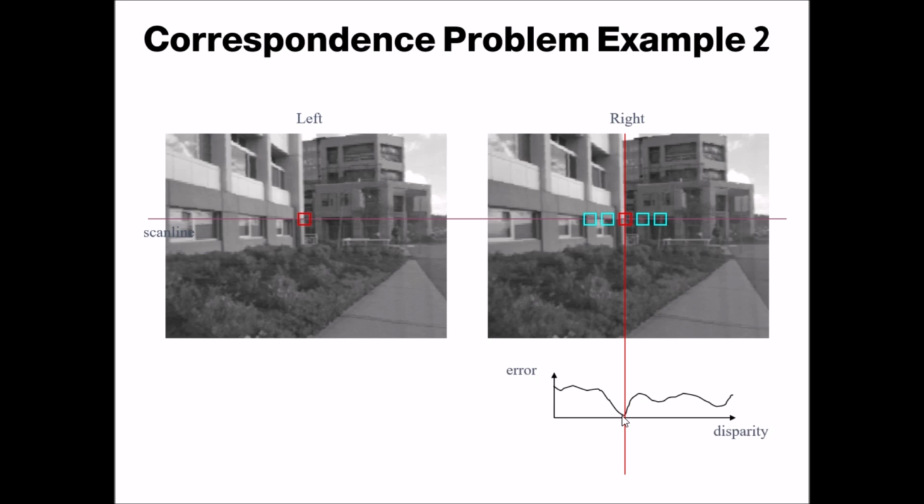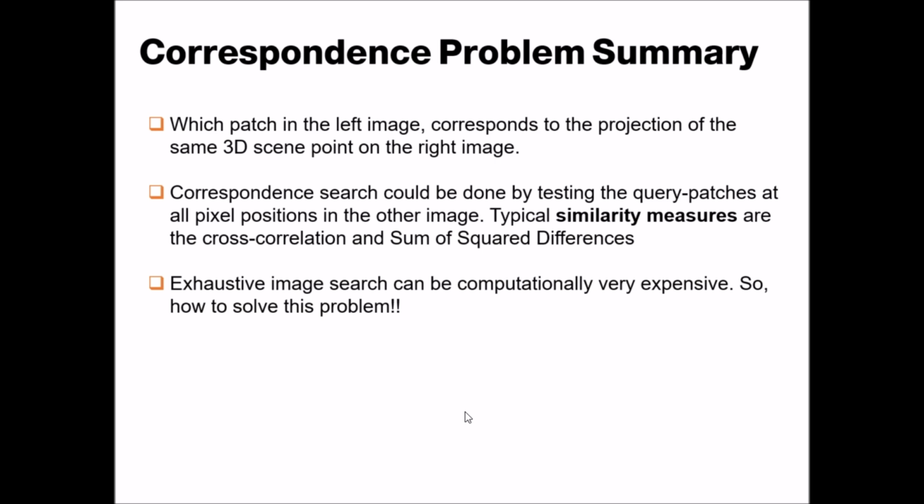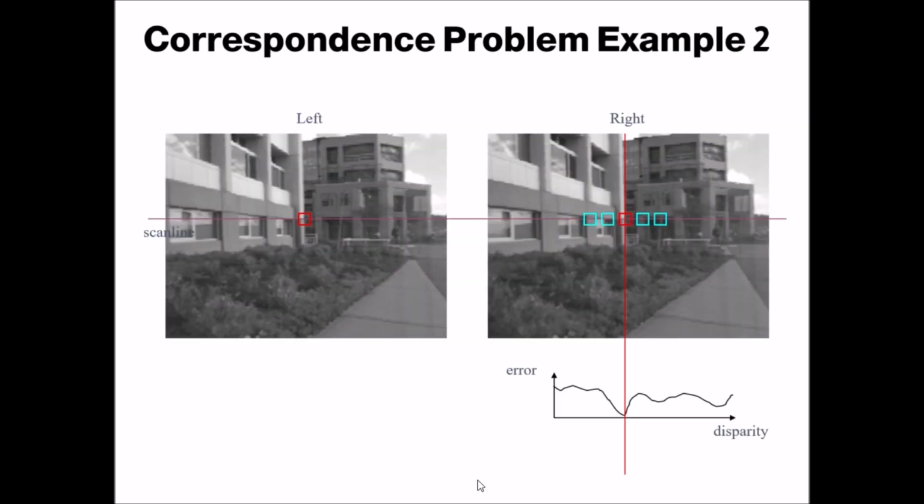Then you will find that the minimum number is this window, the best match to this window. Then calculate the disparity. So this is the idea of using the correspondence problem to solve it.